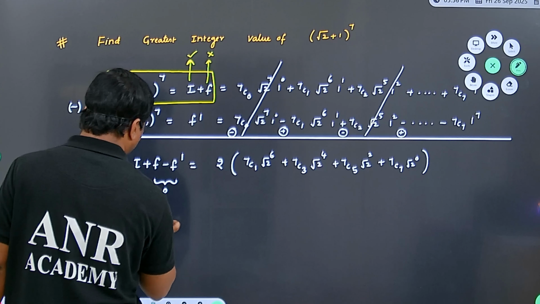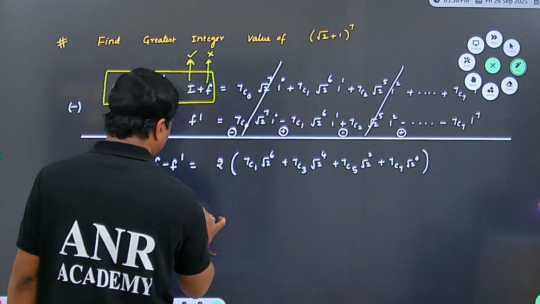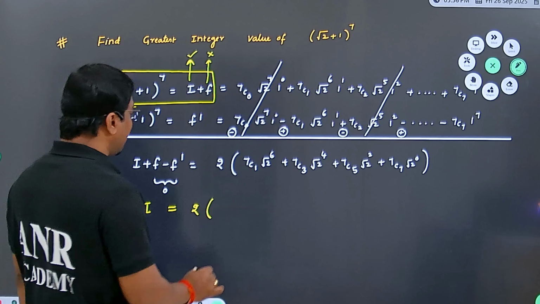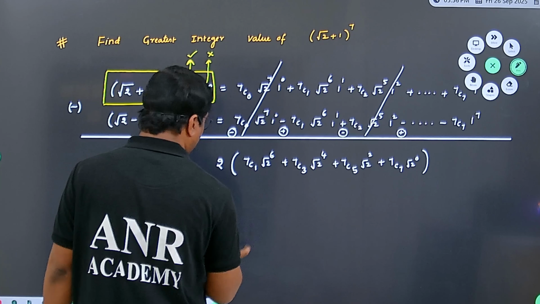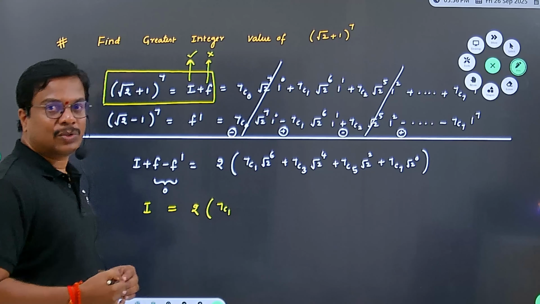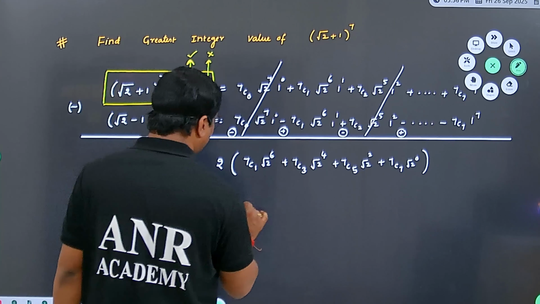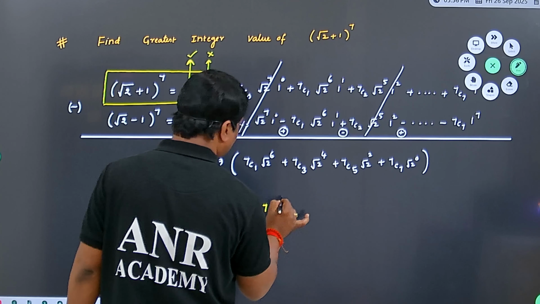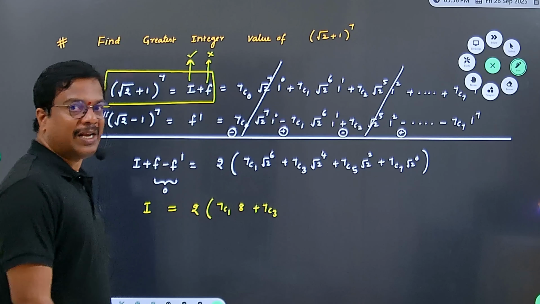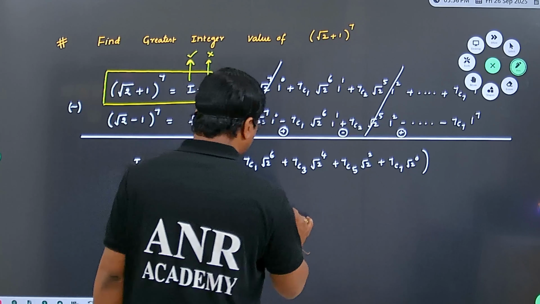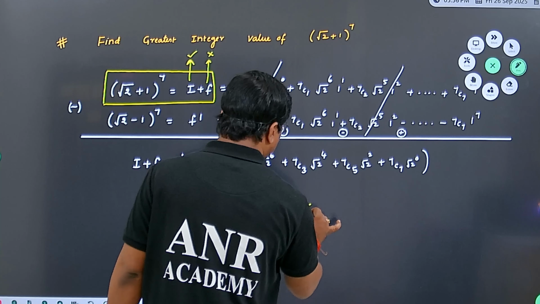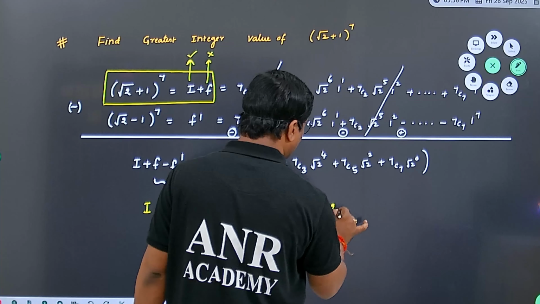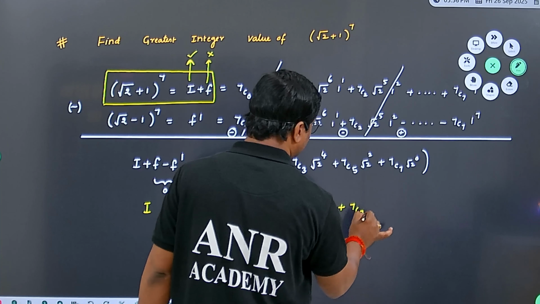Now I am going to write the value of I. I is clearly 2 times 7c1 multiplied by root 2 whole power 6, that is 2 power 3, 8. Next 7c3 root 2 whole power 4 value, that is 4. Next 7c5 root 2 whole square value 2, and after that 7c7.